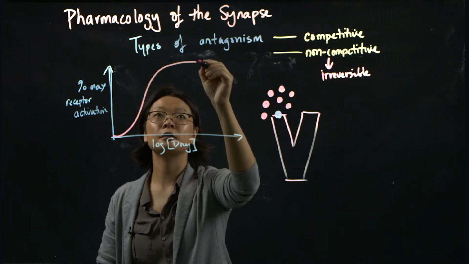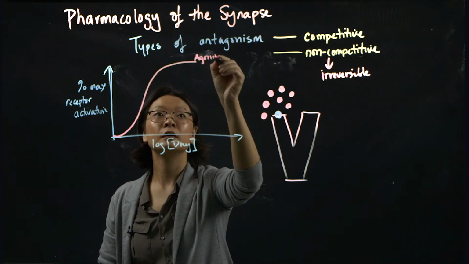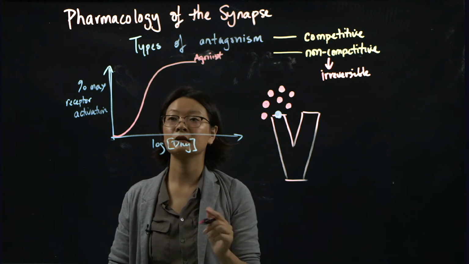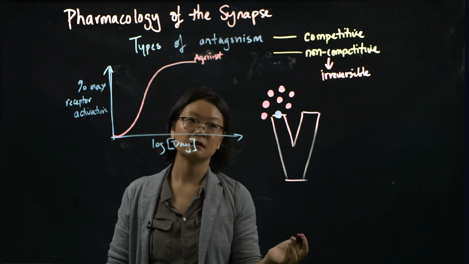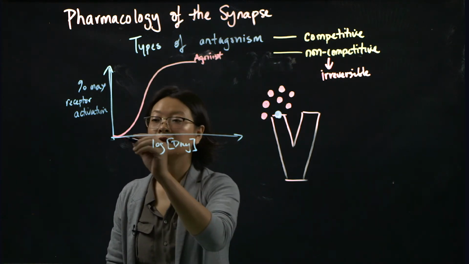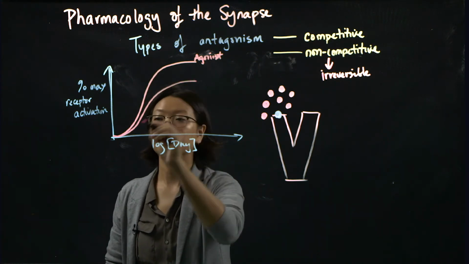So how does this look? This is your agonist without antagonist. And as you add increasing concentrations of antagonist, your agonist curve will look like this.